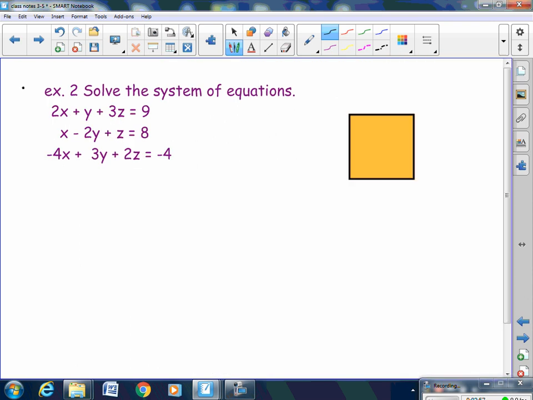Okay, these are the harder ones, as you can see. They all have an x and a y and a z in it. So how do you solve when you have 3 unknowns and 3 equations? You're going to do the elimination method like we did last week. So you need to decide which variable you want to eliminate.